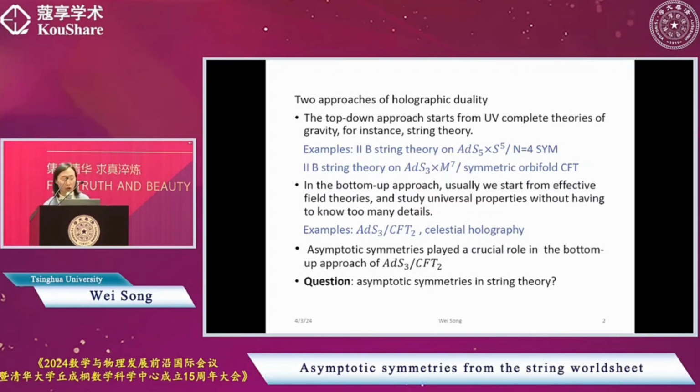On the other hand, there's also the bottom-up approach, where I assume such a duality exists, and then I ask myself, I don't really know what the UV complete theory is.